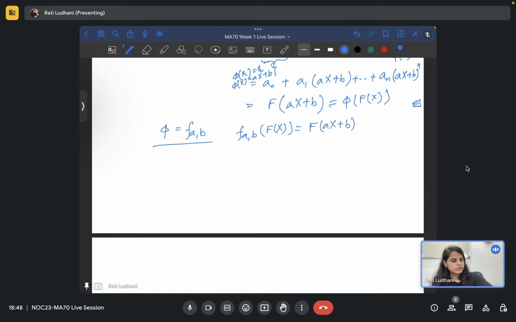This is the definition of the map f_{a,b}, for all f(x) belonging to R[x].